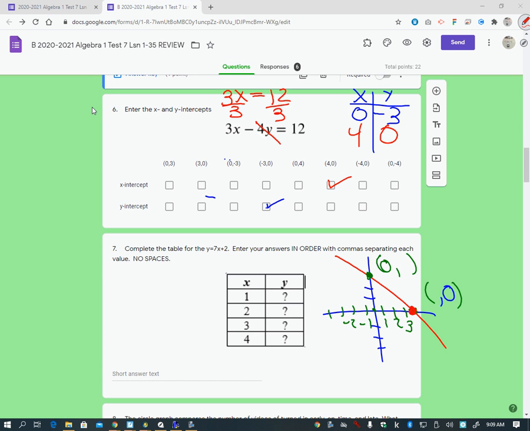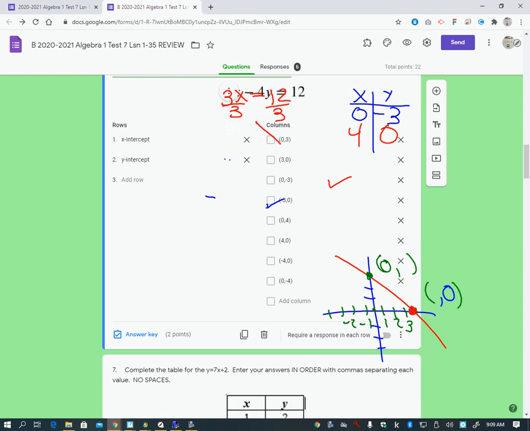You don't know why you got it wrong? Let's double check. Let's see what the answer is here. All right. X-intercept, rows. I got to kind of clear this up.